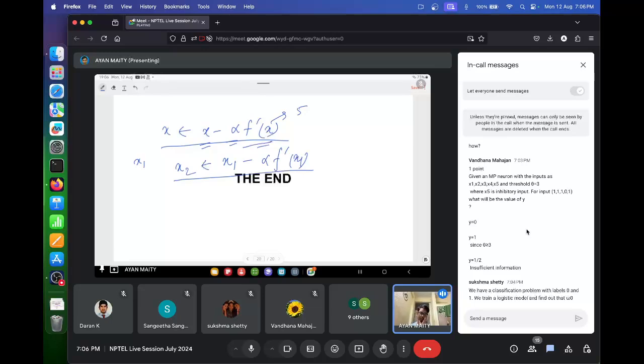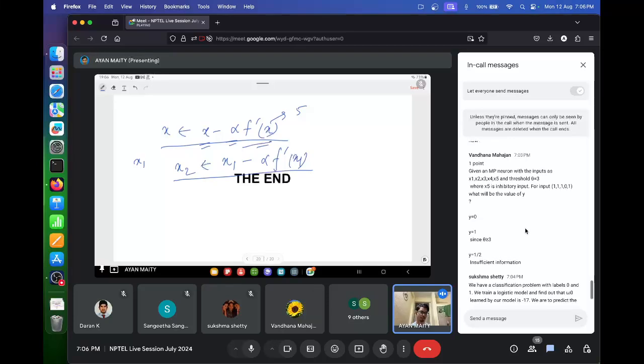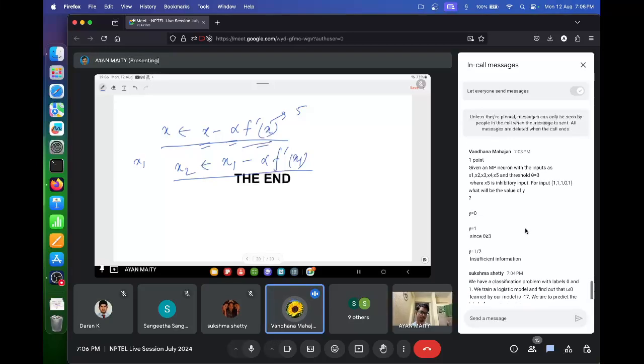So x5 is the inhibitory input. For inhibitory inputs, do we have to take the complement, or what? Was anything mentioned for this inhibitory input? For inhibitory, it will be 0, I believe.